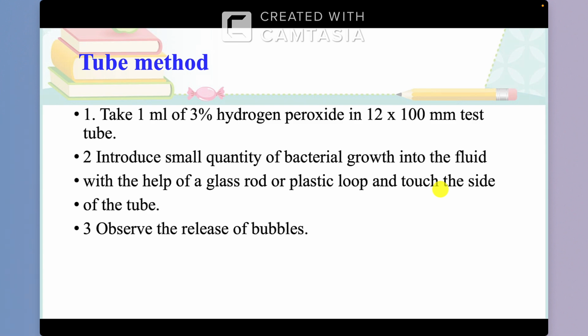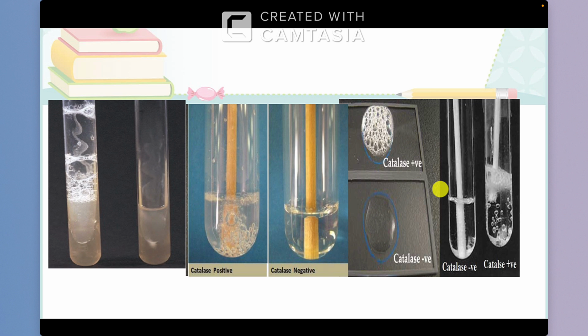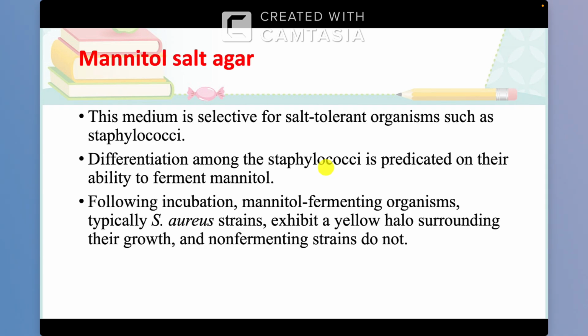You can observe the release of bubbles as you have seen in these slides. Look, this is the positive and this is the negative. We're going to do this in the lab, of course. This is just an introduction to explain before we do it in the lab.